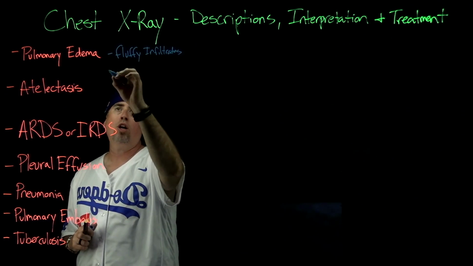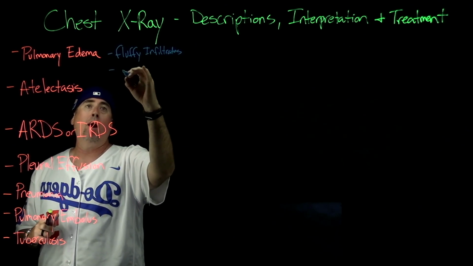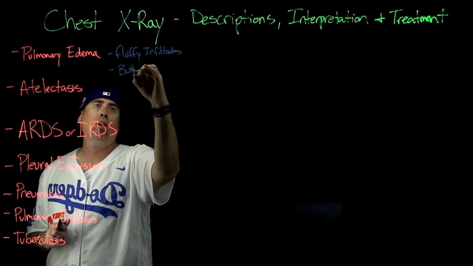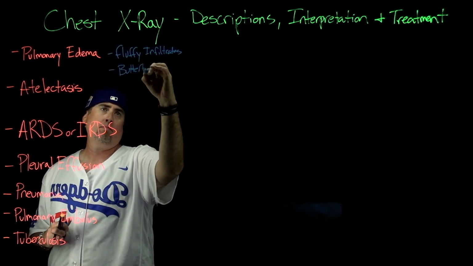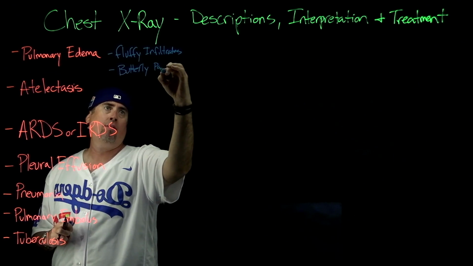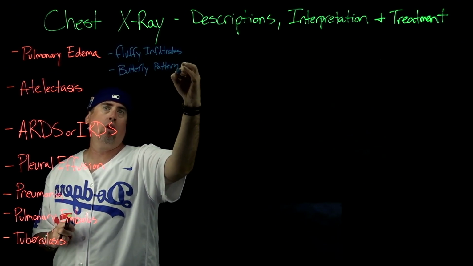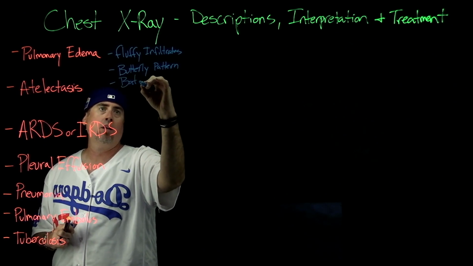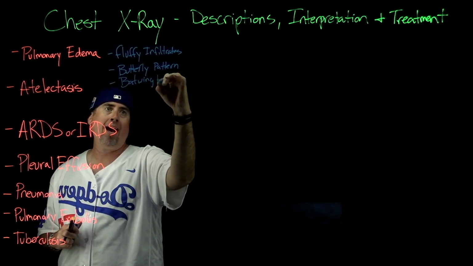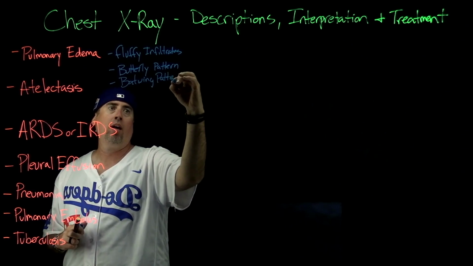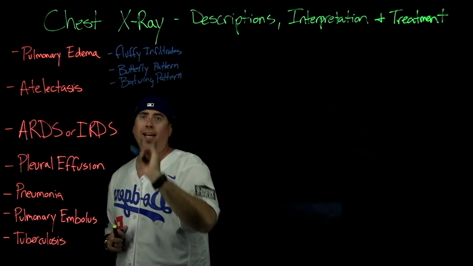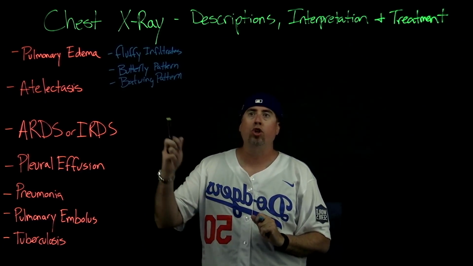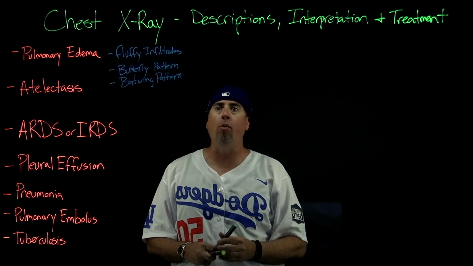We also will see terms like butterfly pattern. These are descriptive terms leading you to pulmonary edema. We also see bat wing pattern. Those are 3 descriptive terms that they will use for pulmonary edema.